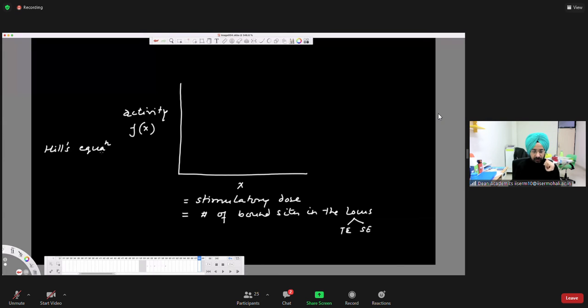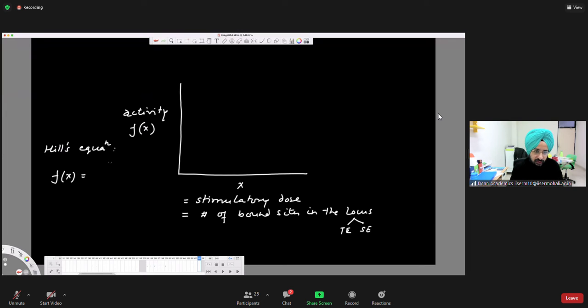For activation, the derivation of this function is also very interesting. It's very basic chemistry and chemical kinetics. In one of the systems biology courses, we actually derived this.